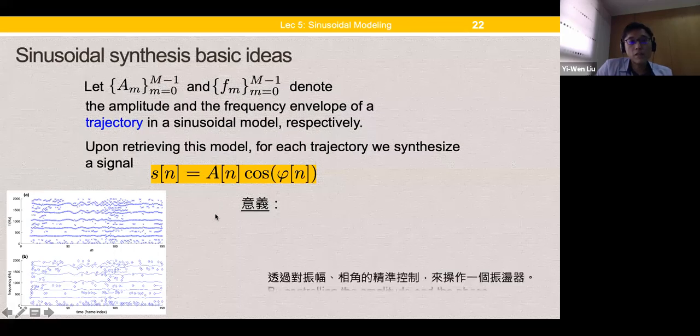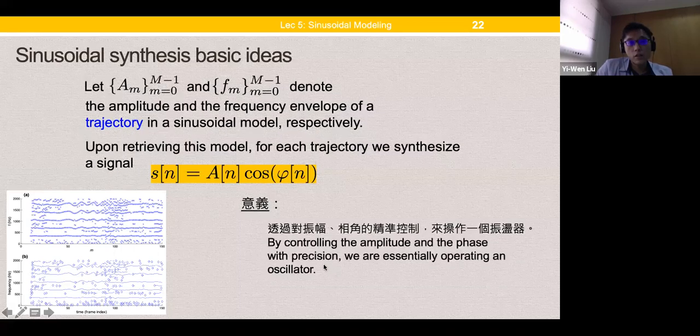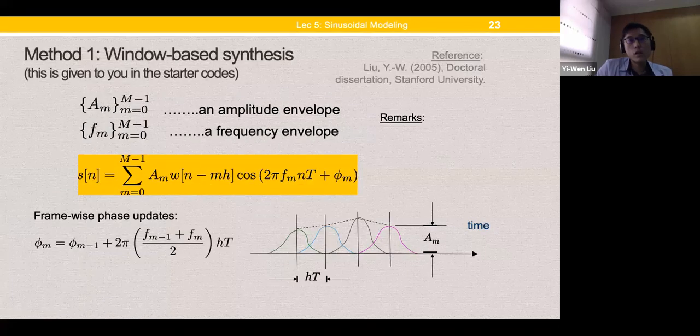The idea is that by controlling the amplitude and the phase with precision, if you know exactly how you want them to be, you can operate an oscillator. Basically, we are playing with an oscillator, controlling its phase and amplitude with precision. That's the idea, and there are 2 methods I'd like to bring to you.